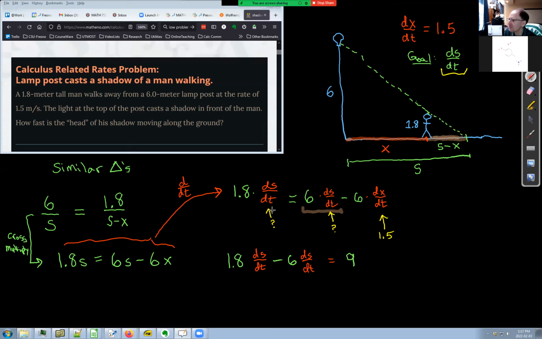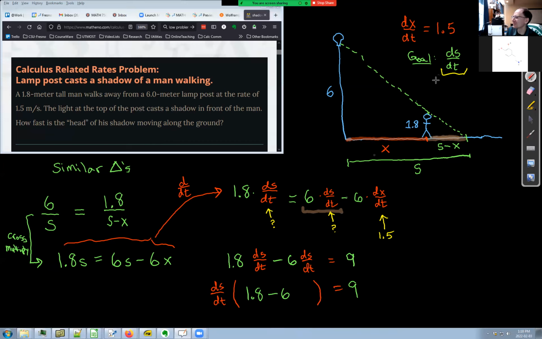And now you can see what I meant by these will combine. Now I can factor the ds/dt out, and what I'm left with is 1.8 subtract 6 is equal to 9.